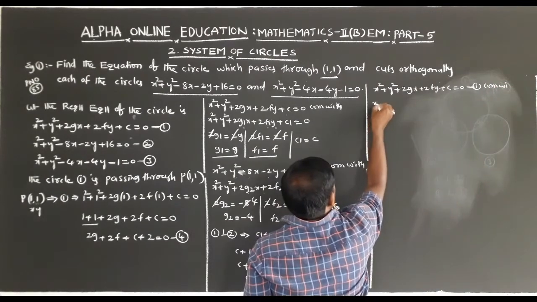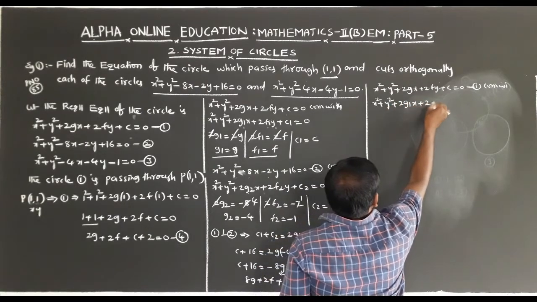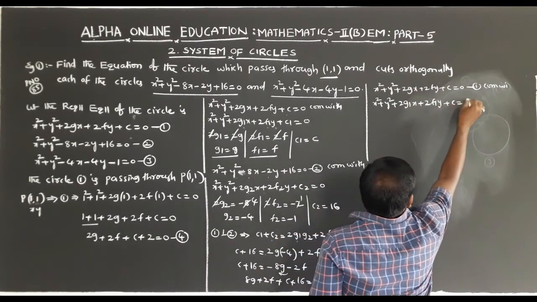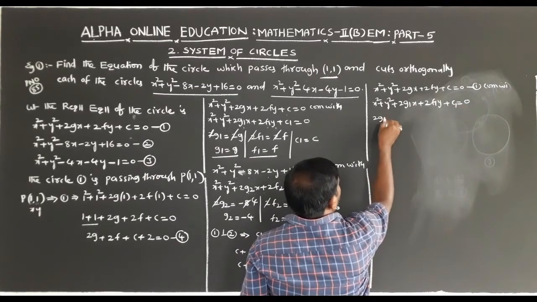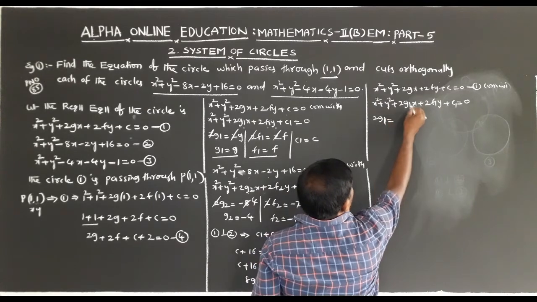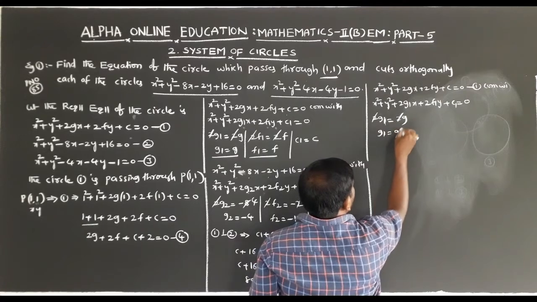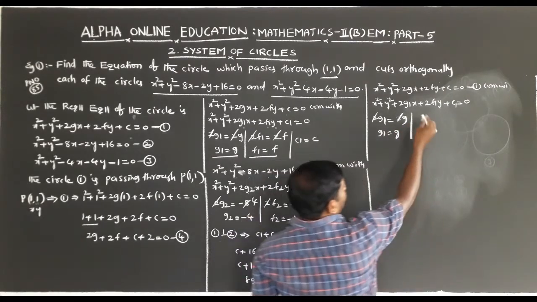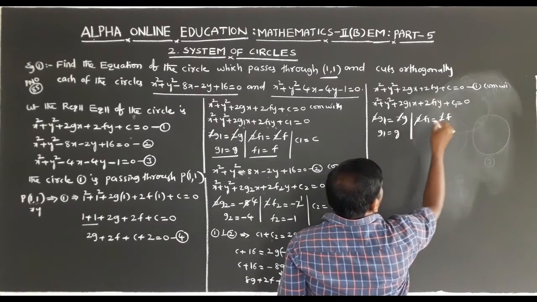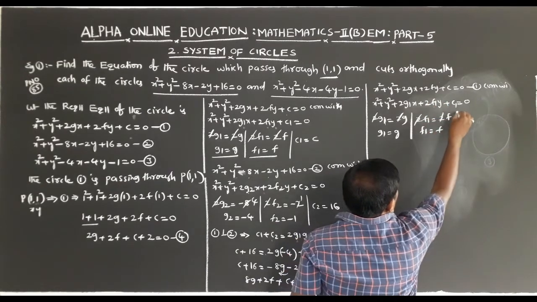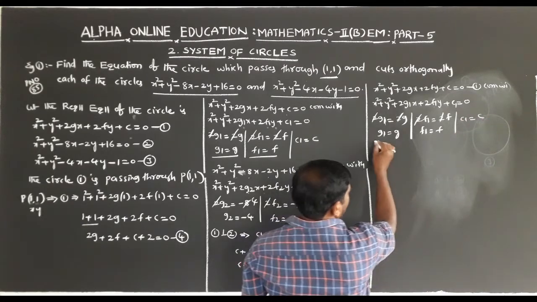Comparing with the first circle x square plus y square plus 2g1x plus 2f1y plus c1 is equal to 0, 2g1 is equal to 2g, so g1 is equal to g. Y coefficient: 2f1 is equal to 2f, so f1 is equal to f, and c1 is equal to c.